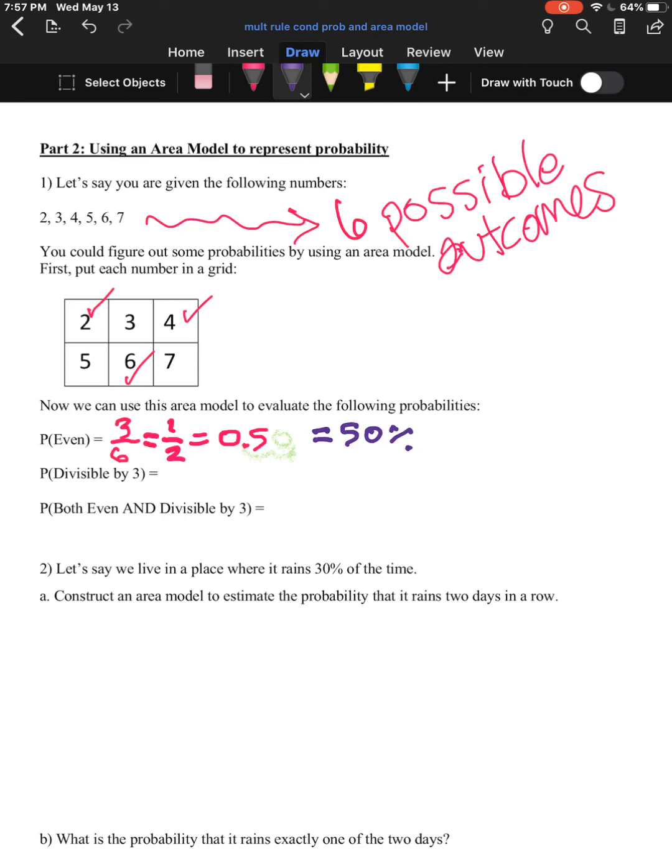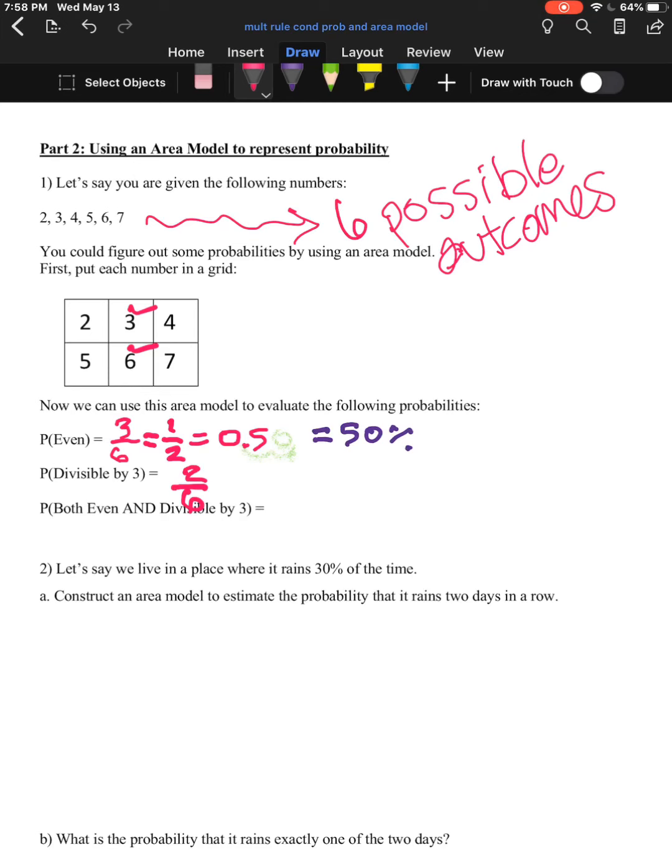Our next example, we are trying to find the probability of a number that is divisible by 3. So looking at our possible combinations, we have 6 numbers in our pool. However, only 2 of them are divisible by 3, the 3 and the 6.